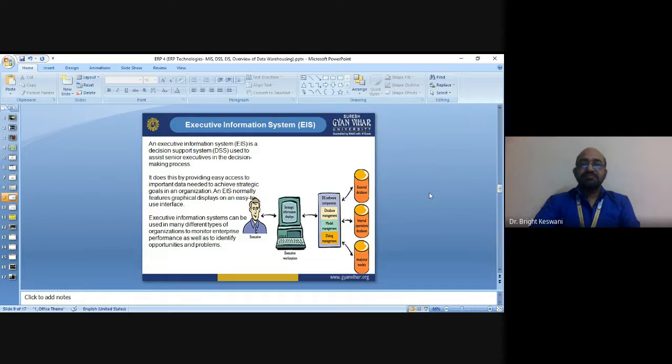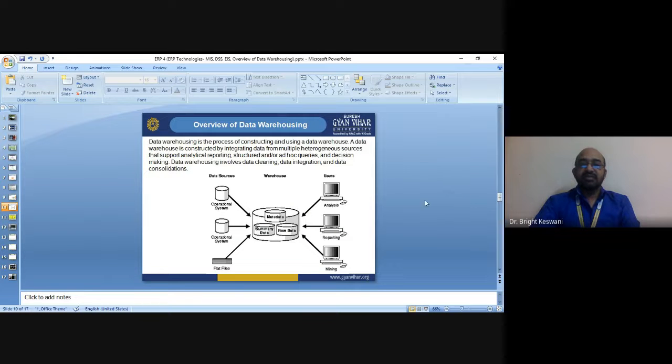Let us have a look at the data warehousing functioning, and today we will discuss the overview or introductory part of data warehousing in this lecture. Data warehousing is the process of constructing and using a data warehouse.